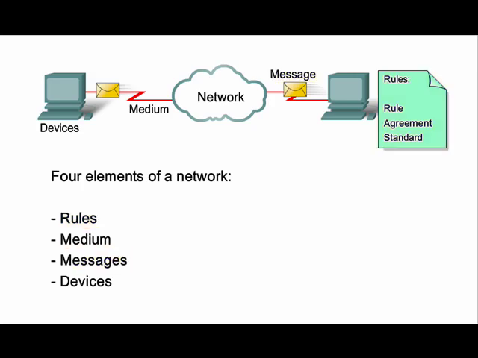We use messages as a term that represents web pages, email, instant messages, telephone calls, and all other forms of communication enabled by the Internet. You will learn about each of these elements individually as you continue your studies, but for now you should understand that every network must have these four common elements to function.